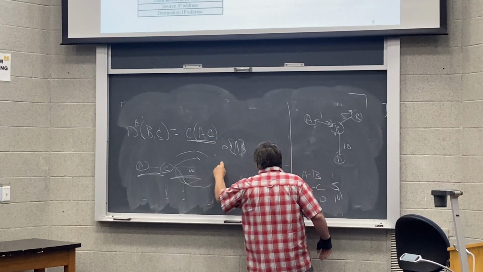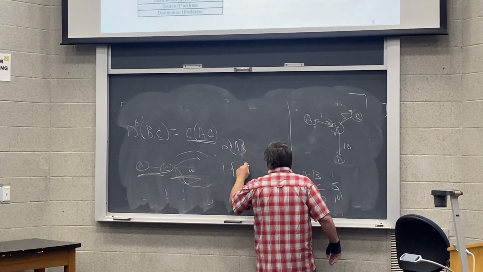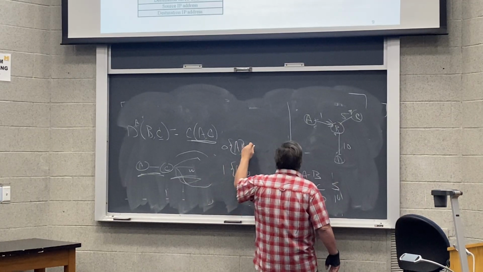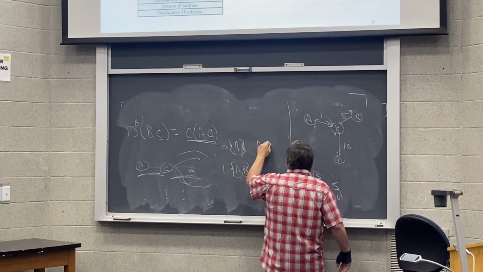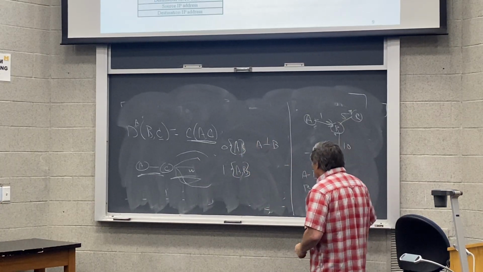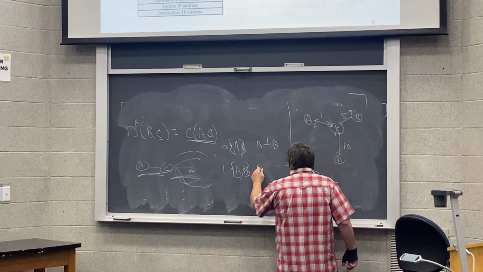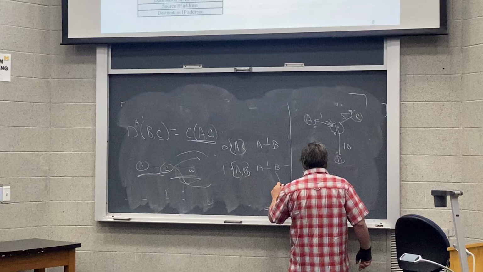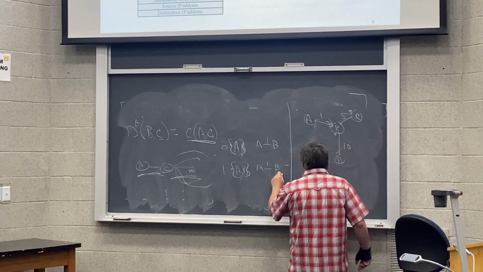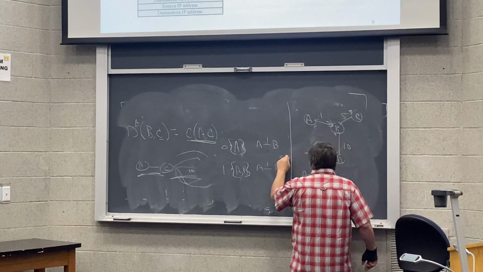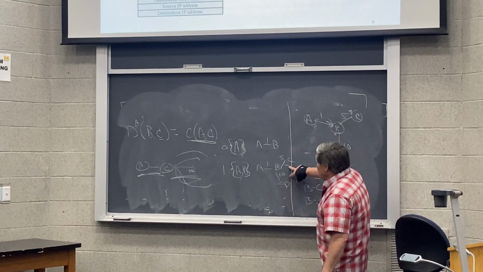Step 1, I now have A and B. Here I know that A to B is 1. Then I have to say, okay, what new information do I have? So now I have two new pieces of information.